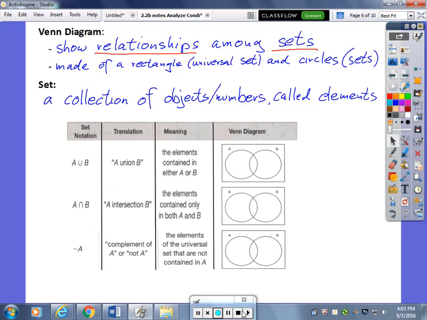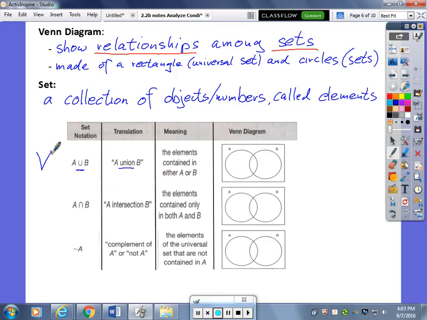In set notation, the first thing we have is union. A union B. In set notation, that is represented by a sign which looks almost like a U. And as you remember from our symbolic notation, this is equivalent to using the V in symbolic notation.